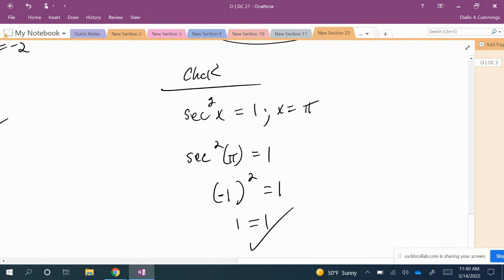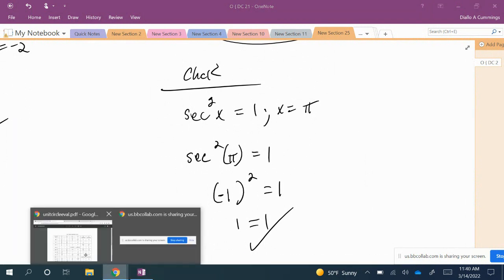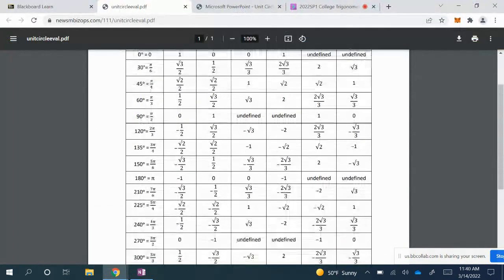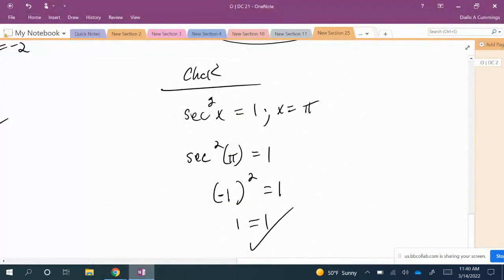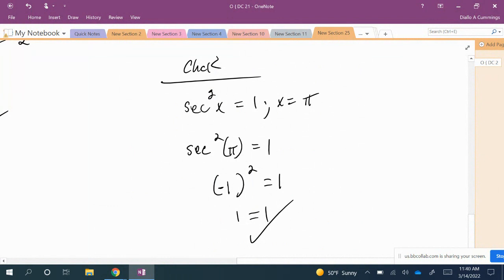And if you were to evaluate the secant of pi, right, notice that the secant of pi is -1. Right, so -1 squared is +1. So in fact, we know that pi is a solution.